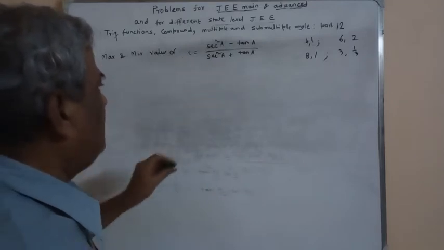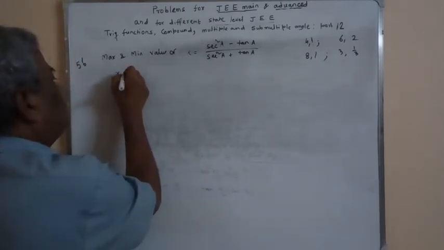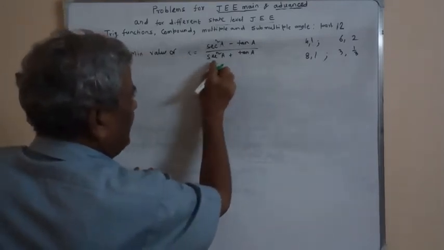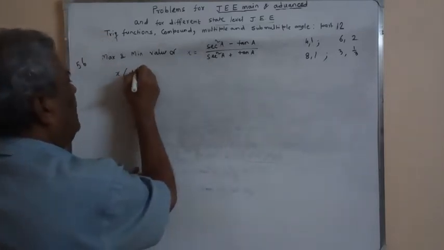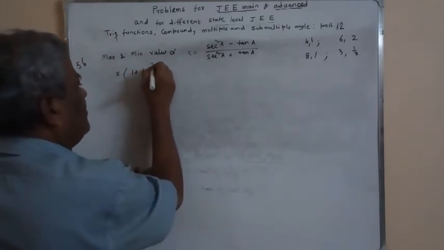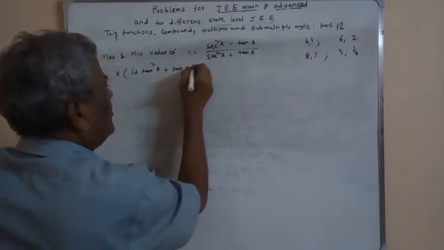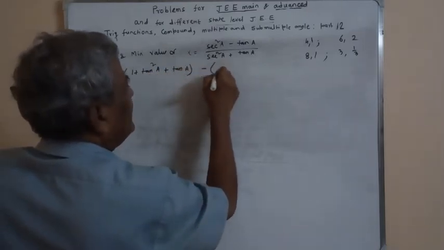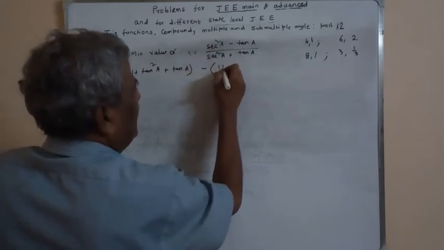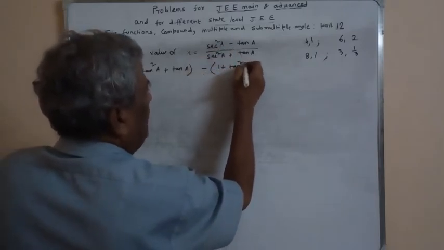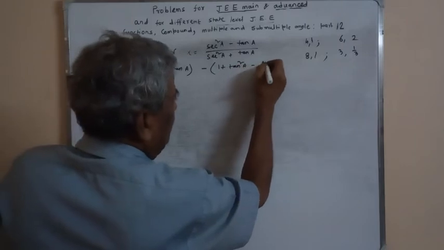So by cross multiplication, x into sec square A plus tan A is equal to sec square A minus tan A, where sec square A is 1 plus tan square A.